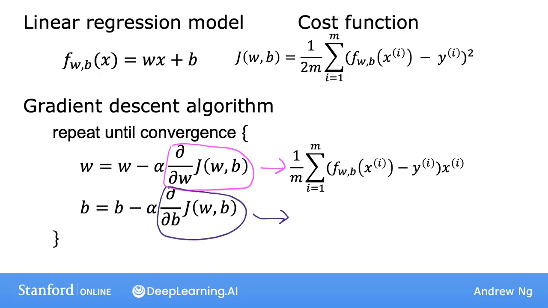And the derivative with respect to b is this formula over here, which looks the same as the equation above except that it doesn't have that x i term at the end. And if you use these formulas to compute these two derivatives and implement gradient descent this way, it will work.